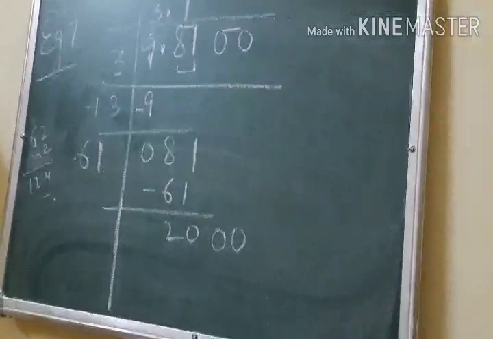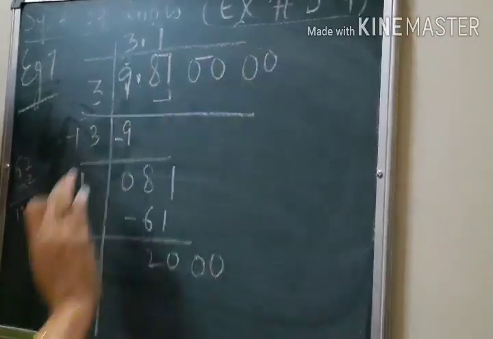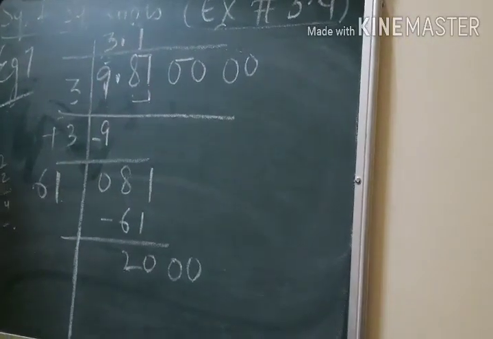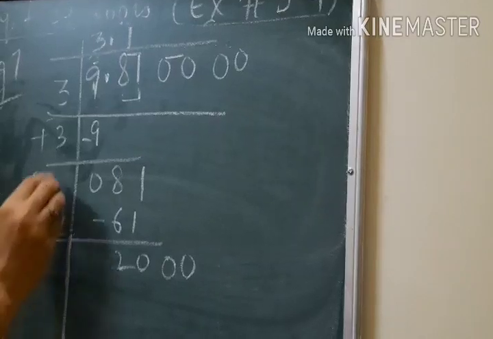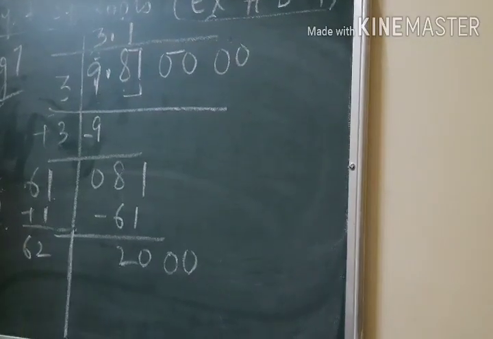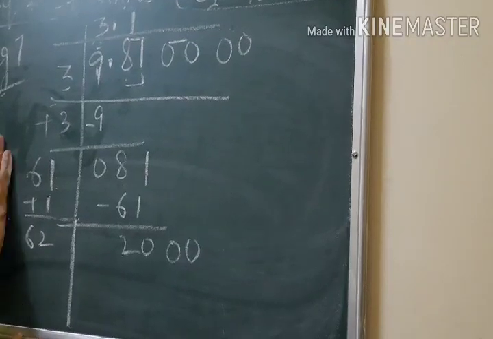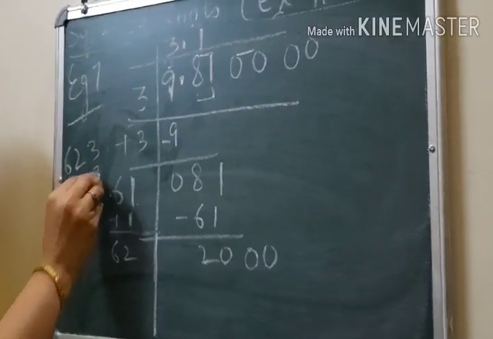Whenever you have 2 places of decimals, you should take 3 pairs, because we can round it off afterwards. So I am taking 3 pairs. So 61, then 61 plus 1. We have to add 1 to it. It is 62. Now we have to add again one number to it. 6, 2. Let's have 3.